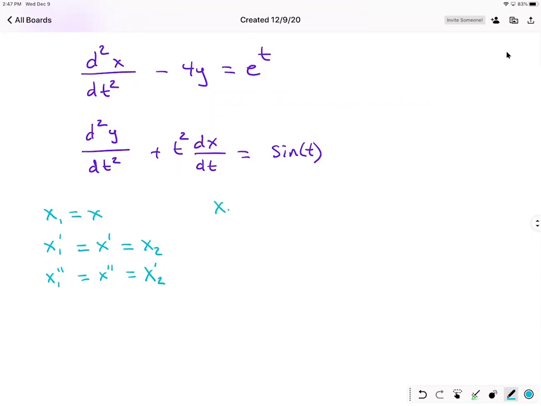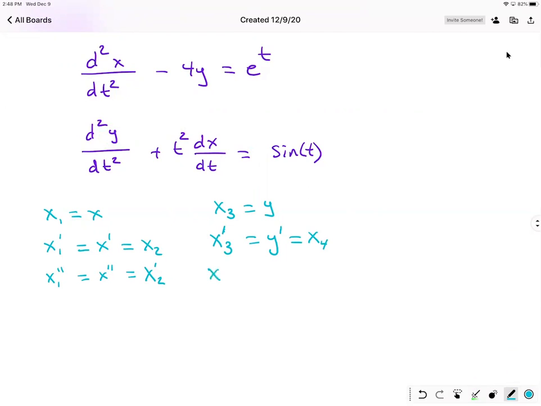Then I'm going to continue on. I'm going to make x3 equal to y. What's next on the list is x3, and then I do the same idea. I take the first derivative of x3, that's equal to the first derivative of y, and I'll call that x4.